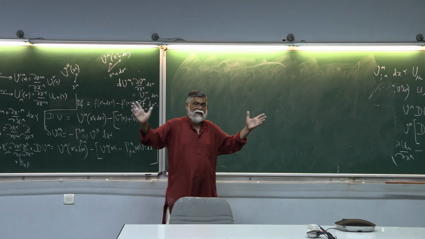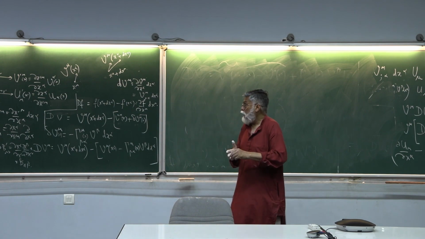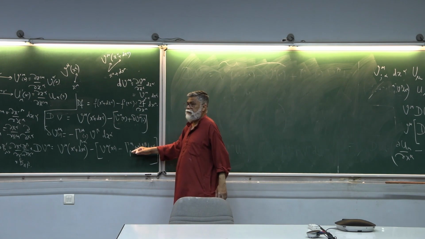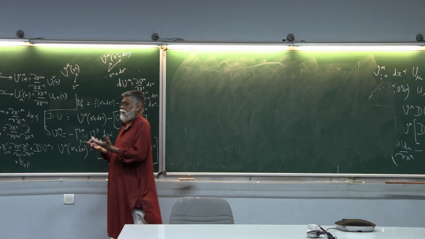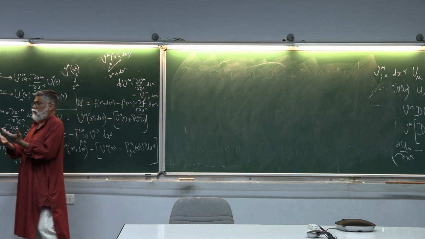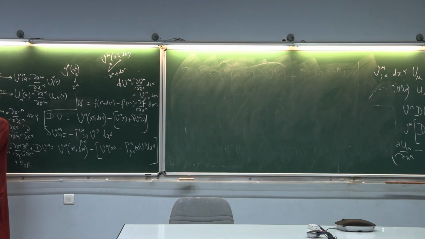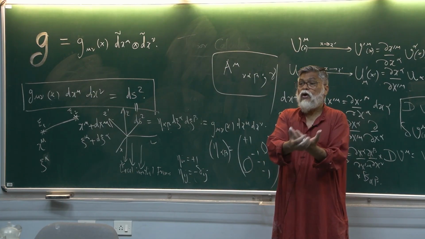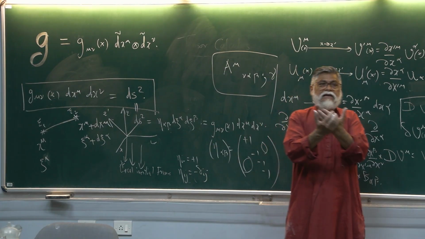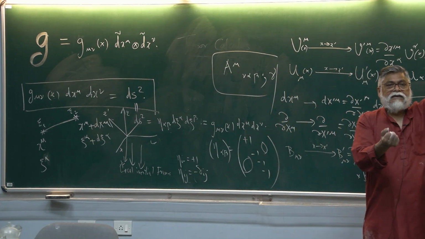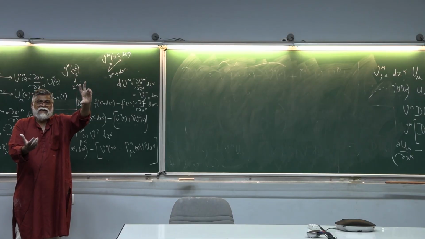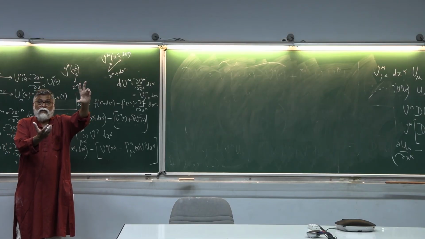Yes, gauge theory, just like we have a covariant derivative, and the covariant derivative tells me how to take a derivative of a vector field which transforms like a tensor. The covariant derivative of a gauge field tells me that if something transforms under a group, the covariant derivative must also transform in a similar way under the group.